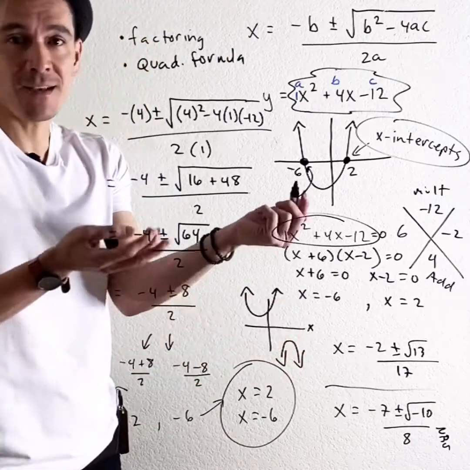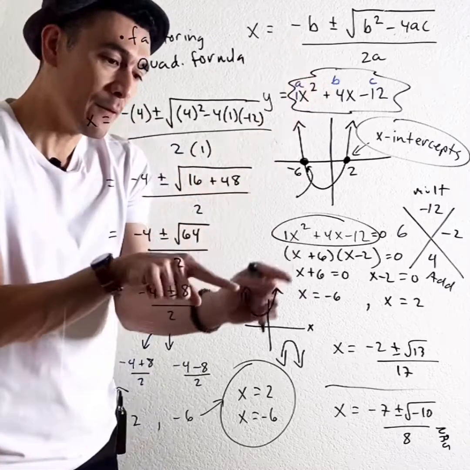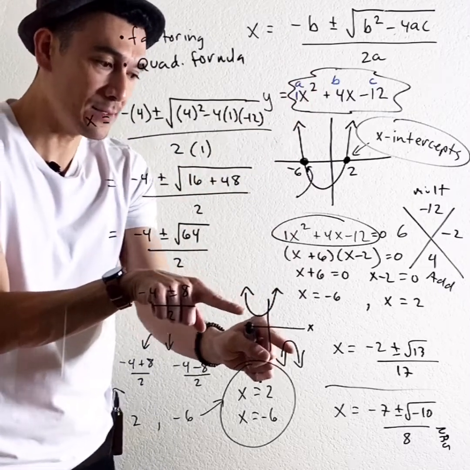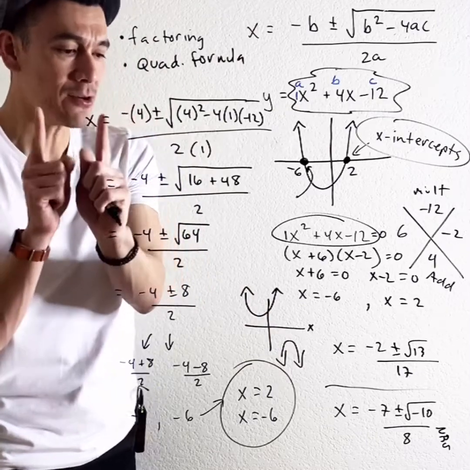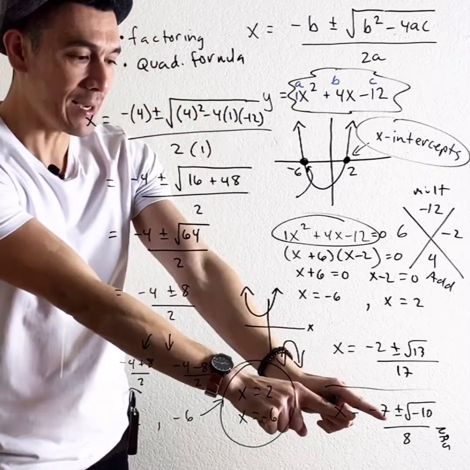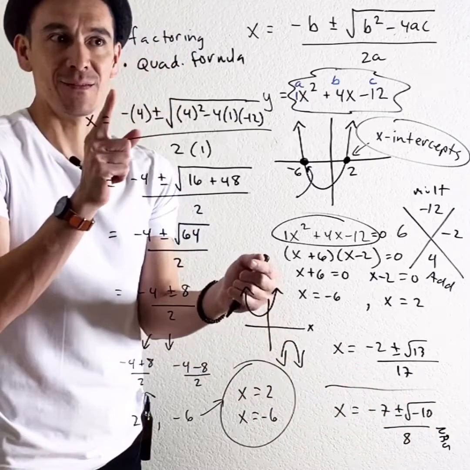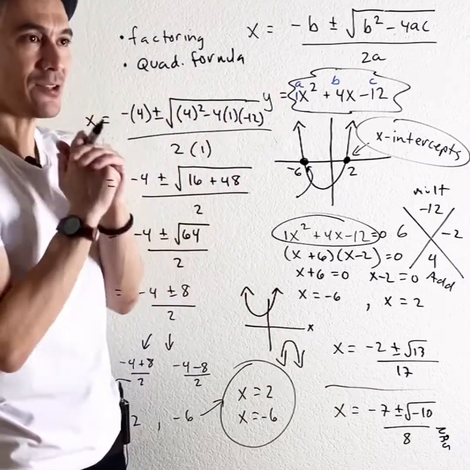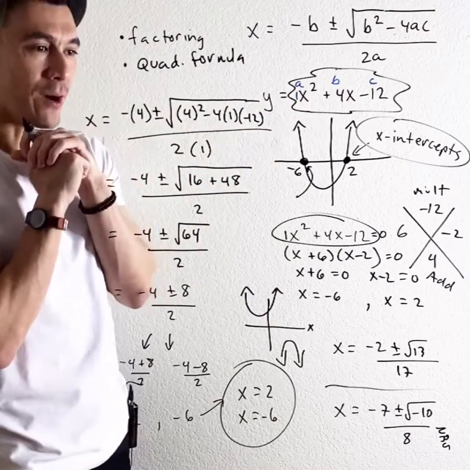That one doesn't cross the x-axis. So anytime you try to use the quadratic formula for a graph that looks like this or like this, you can guarantee that you're going to get a number inside the square root that is negative. Okay, so that's just the general breakdown concerning the quadratic formula.